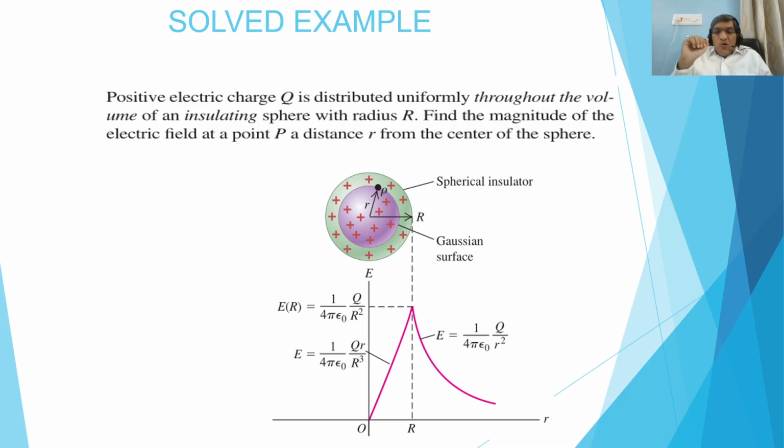Here Q is the Q enclosed, and the 4 pi r squared comes from the area of the Gaussian surface. Things come very easily when you do it yourself again and again, and you understand how to calculate the electric field inside and outside using an imaginary Gaussian surface.